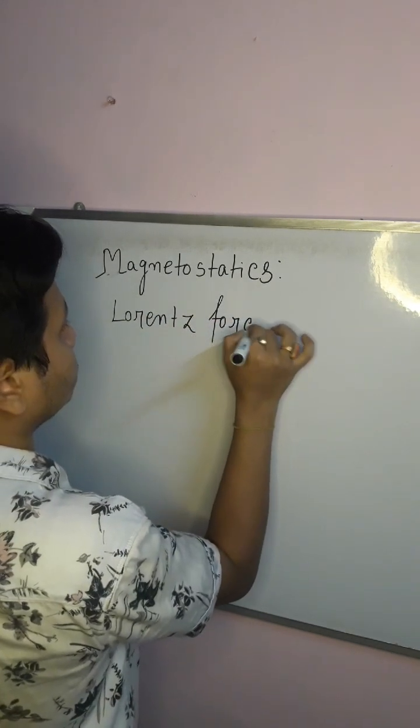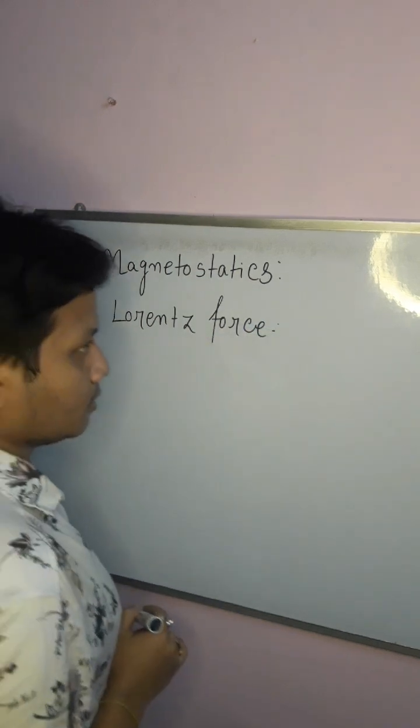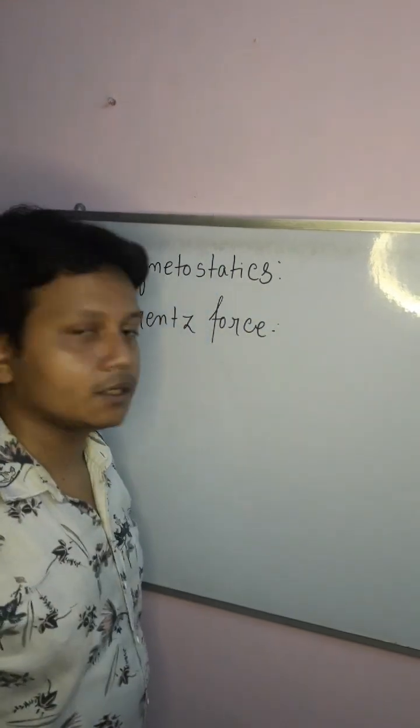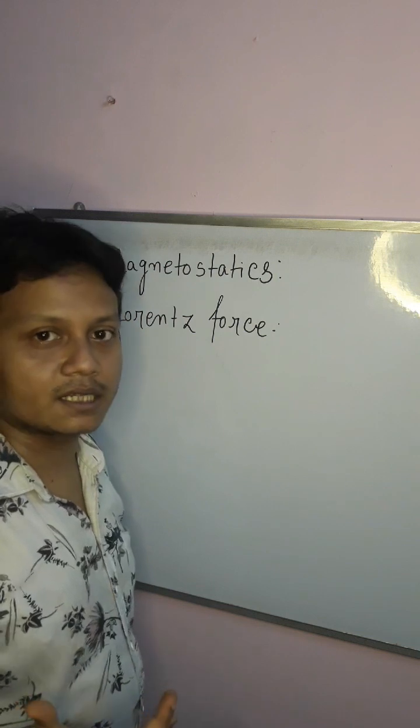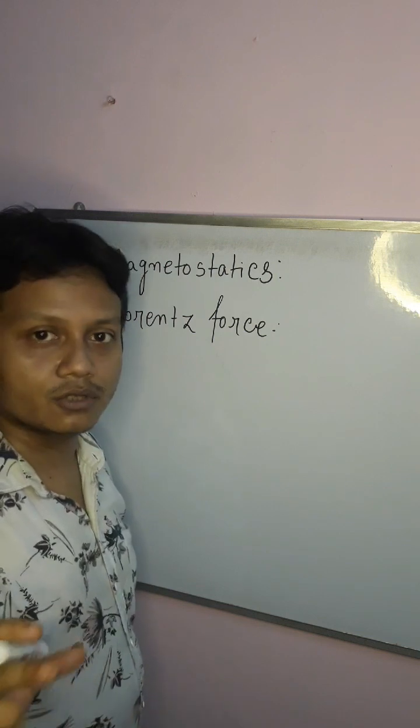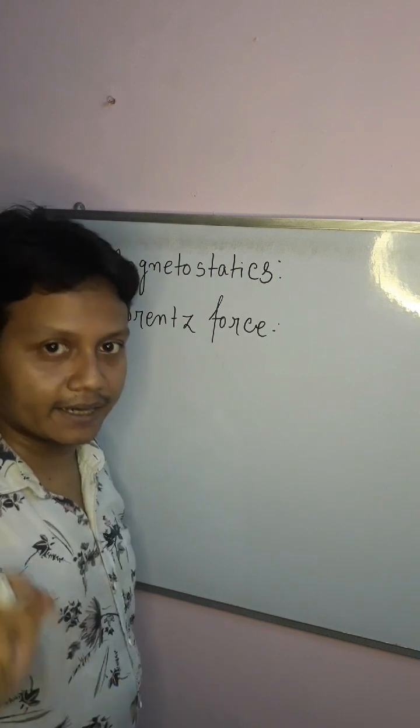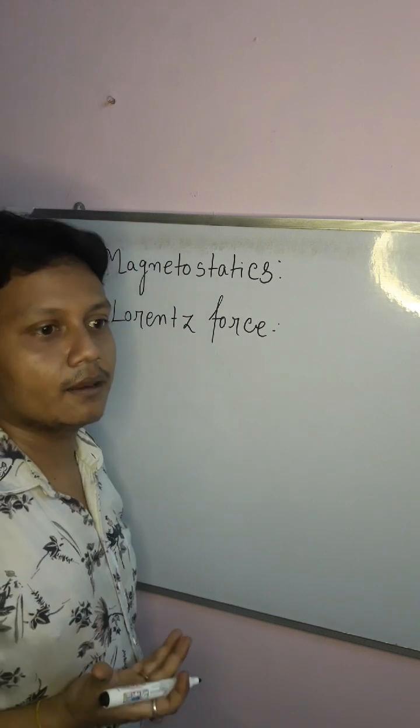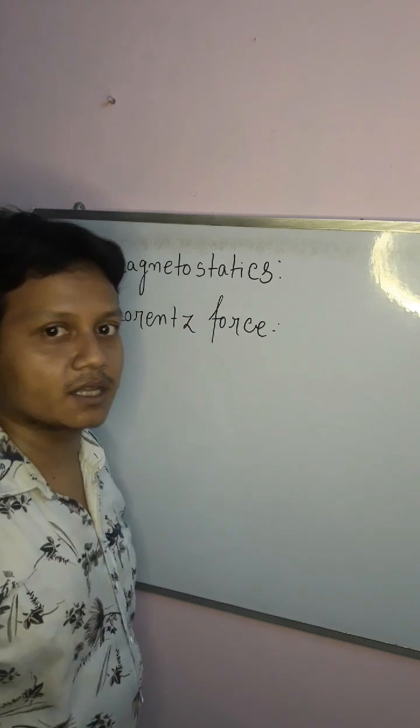Lorentz force. What is it? You all know that when a charge Q moves with a velocity v in a uniform magnetic field B, a magnetic force acts on the charge.